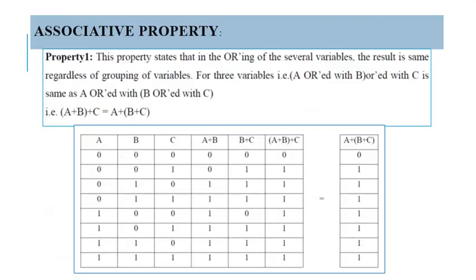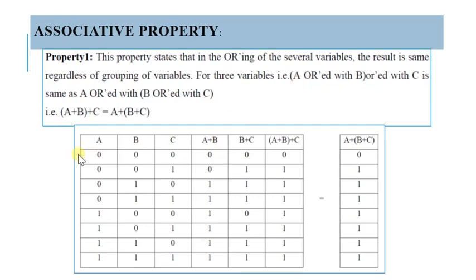Now next coming to the property, that is the associative property. This associative property I am going to explain for two cases, again for ORing and another one for ANDing. As I said, most of these properties will be different for ANDing and different for ORing.